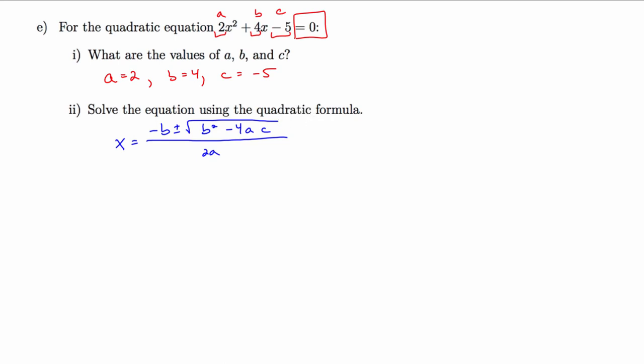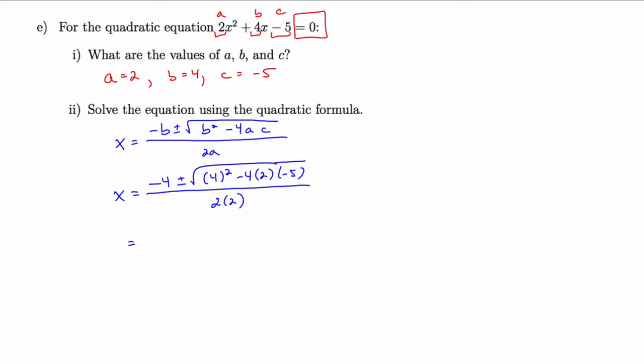So for our particular equation, this will become x equals the opposite of 4 plus or minus the square root of 4 squared minus 4 times 2 times negative 5, all over 2 times 2.